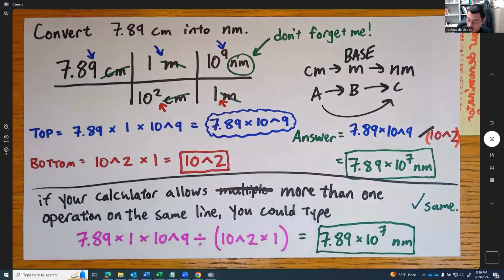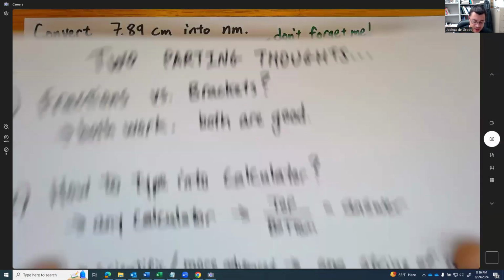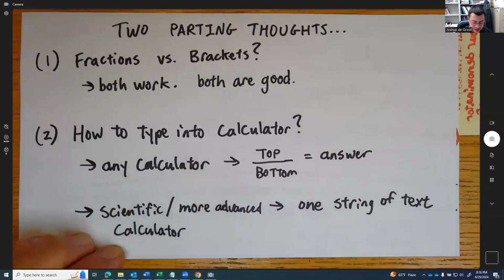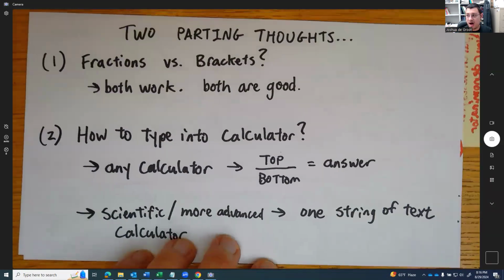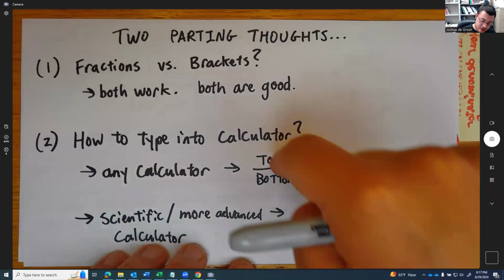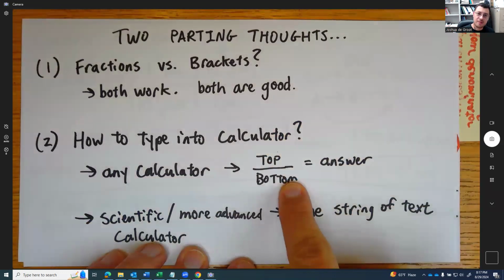All right, so I'm going to show 2 different ways of using the calculator here. If you have any calculator, and by any I really mean any, but I'm especially talking about the less expensive calculators, the ones that can only do 1 operation at a time, I'm going to recommend a top divided by bottom approach.